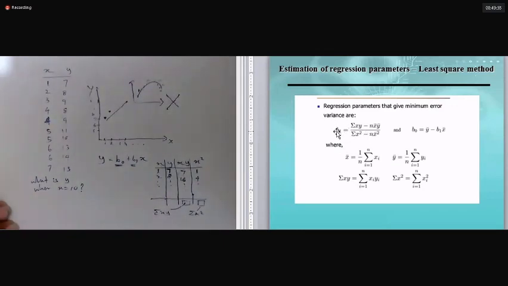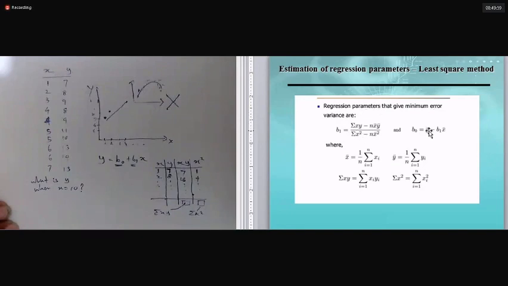Then once you find B1, you have to use that to find B naught, because in this B naught formula, you can see that the B1 is here. Therefore, the first value you have to find is B1. You cannot find B naught without B1. So first find B1, then use this value to find B naught.